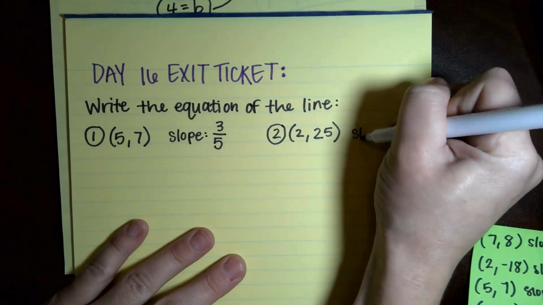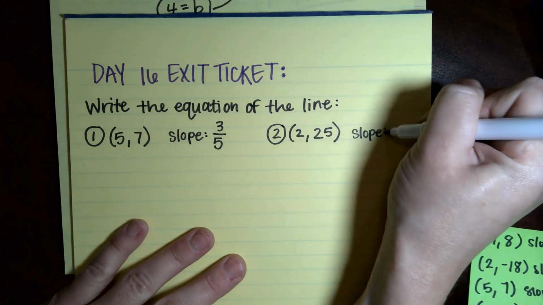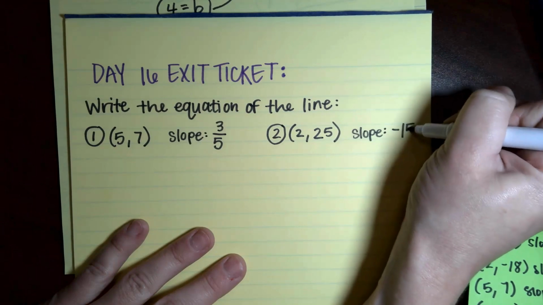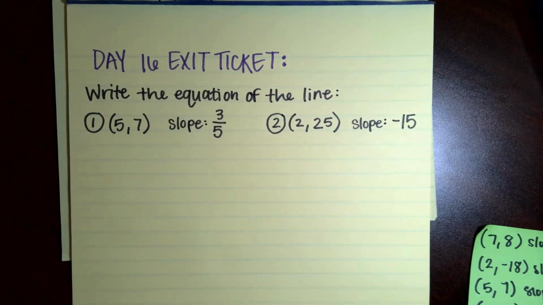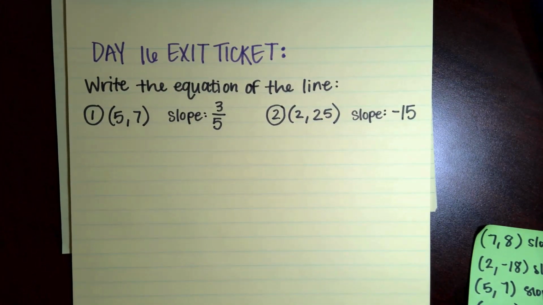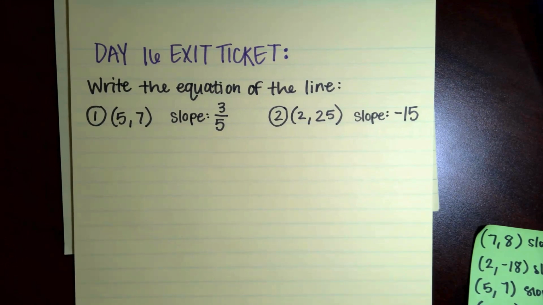And the slope is going to be -15. I'm just going to give you 2 problems for your exit ticket today because these are a little bit time consuming. But once you are done with those 2 problems, you are free to go.